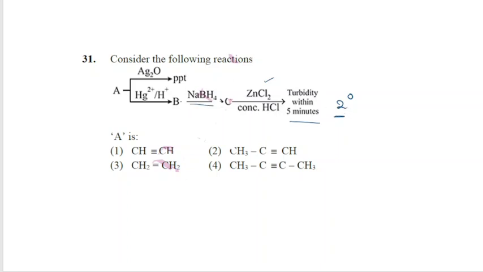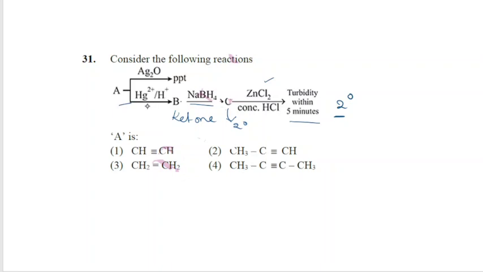And NaBH4, so C must be a secondary alcohol. C must be a secondary alcohol means with a selective reducing agent, ketones only will give you the secondary alcohol. We are getting ketones here with the A, which is an alkyne here.